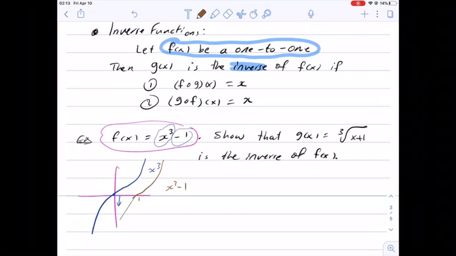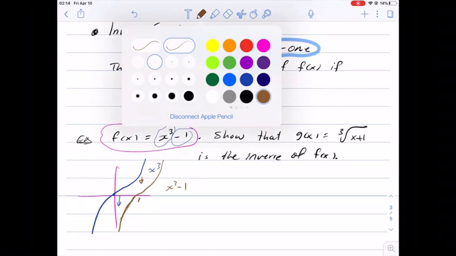This is the x-intercept, 1, 0, so it intersects the x-axis at 1. So this is x cubed minus 1. As you can see, it's shifted down by 1 unit.